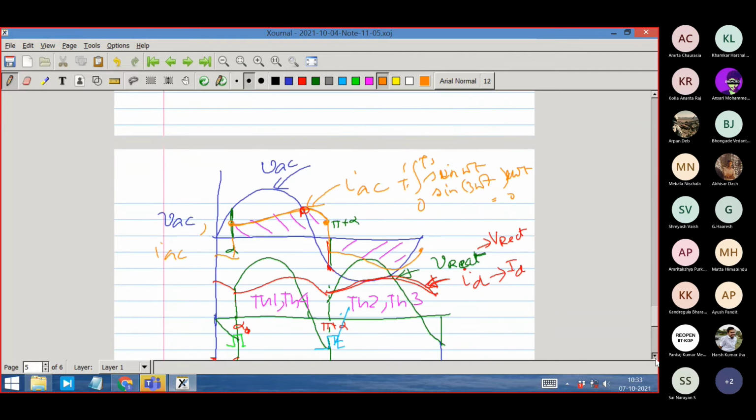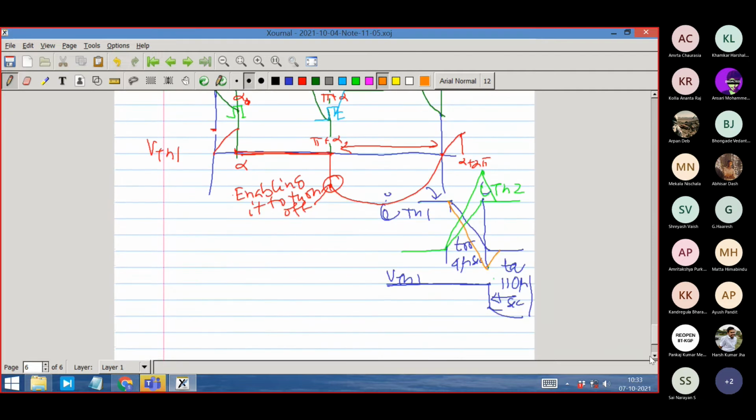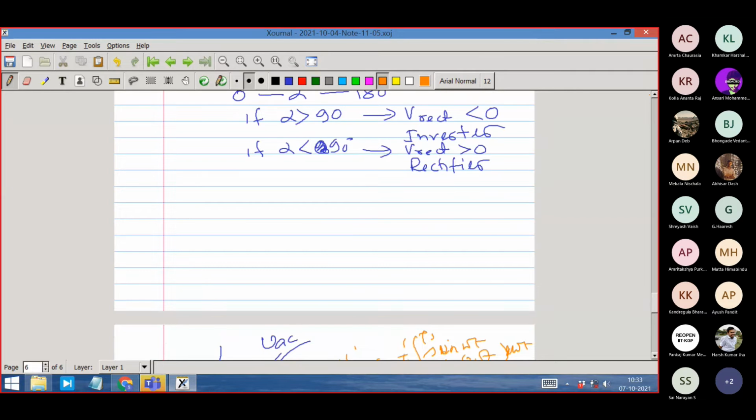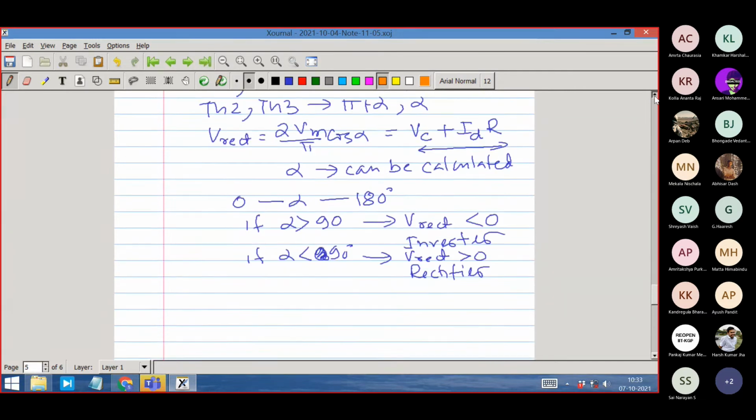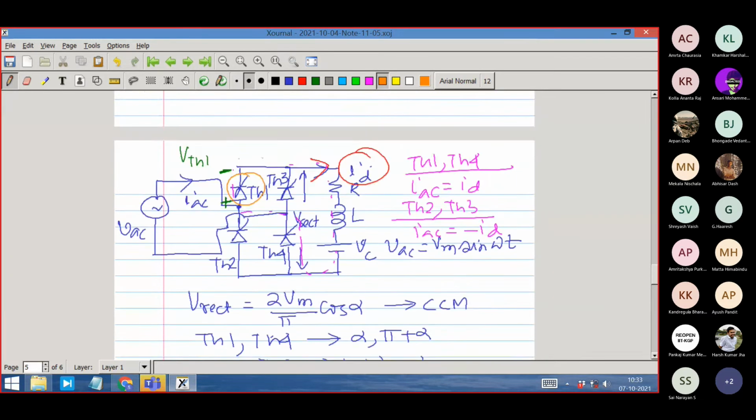So here I said TH2, I will say TH3, sorry, because TH1's current will be taken over by TH3 and TH2's current will be taken by TH4, right? See the arrow of the current. But when TH1 and TH3 both of them are conducting, what do you see? The source is shorted, right? So this is a slightly uncomfortable situation. That is what you first observe. That is what is more practical.